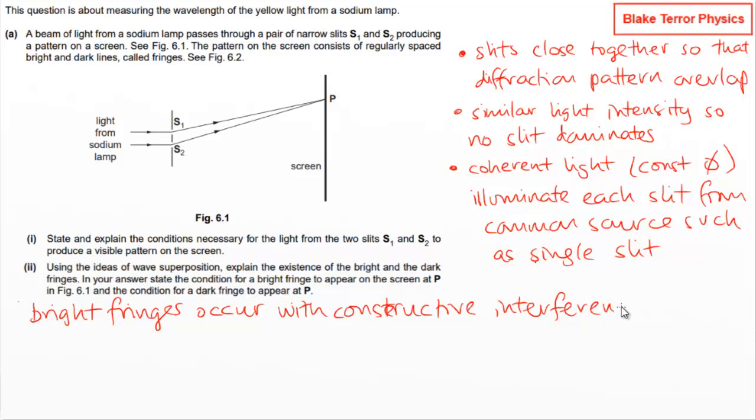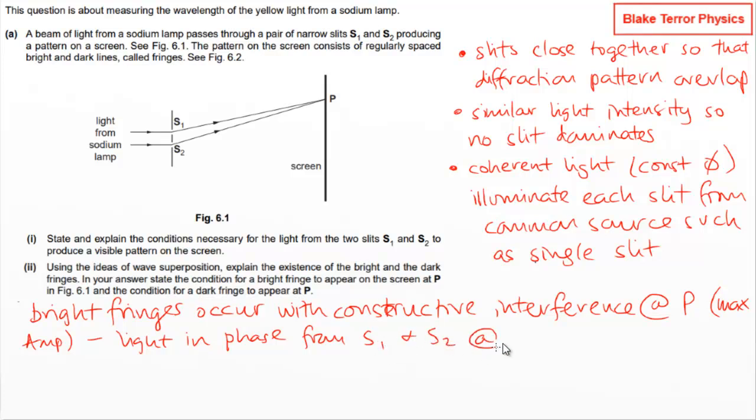This is where we're going to get a maximum amplitude or a maximum intensity. It doesn't matter which one you actually say on either of those. So we need the light to arrive in phase from the two slits, from S1 and S2, at P. Now we've got the opposite for the dark fringes.